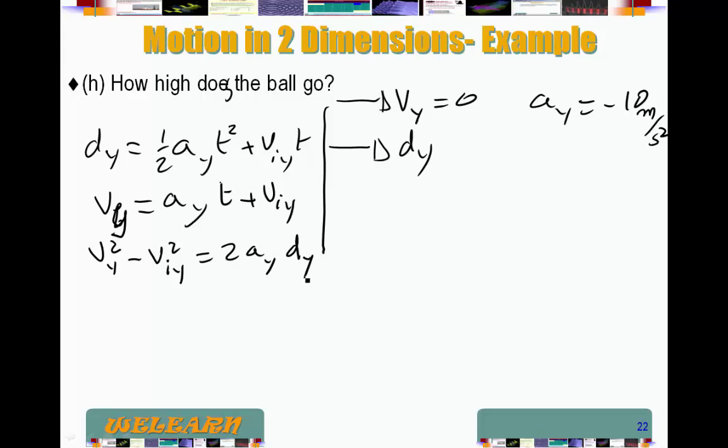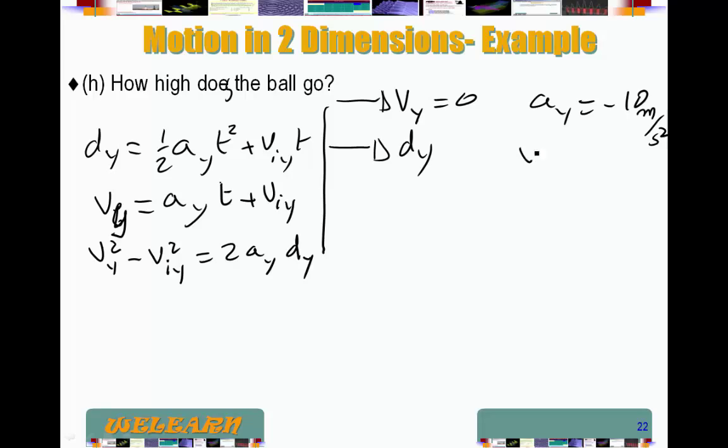Now, from the information that we gathered here, we don't have any time. If we don't have any time, the last equation looks like the most useful equation. We know the final velocity.